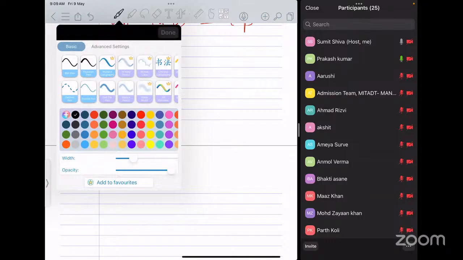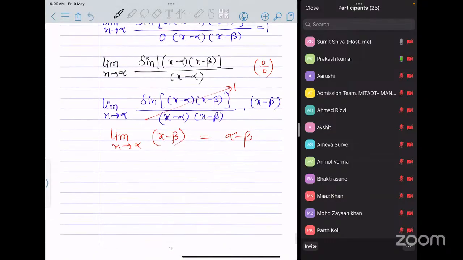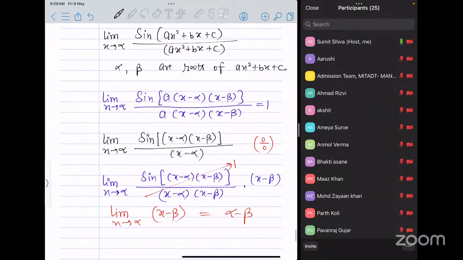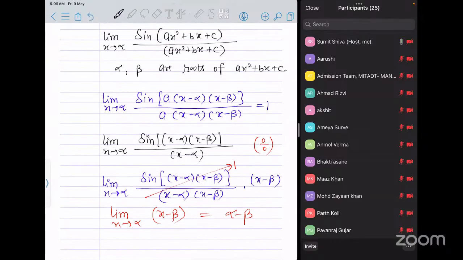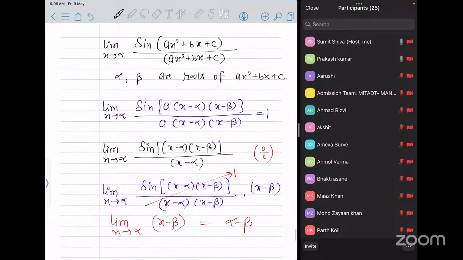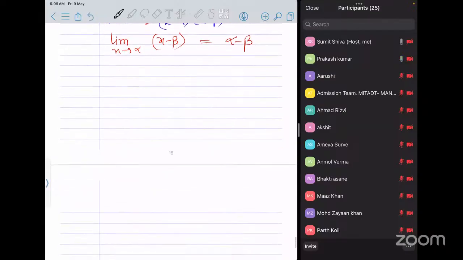Sir, solve one question on this formula. On which? On this formula, sir. Alpha beta? Yes, sir. Okay.